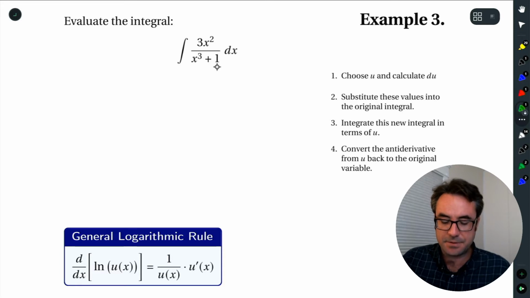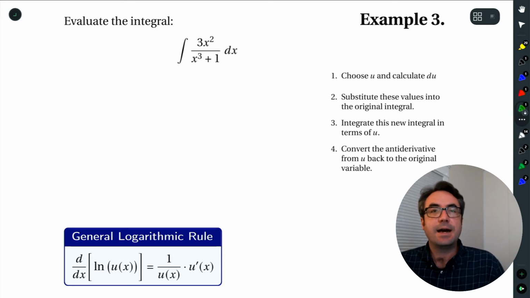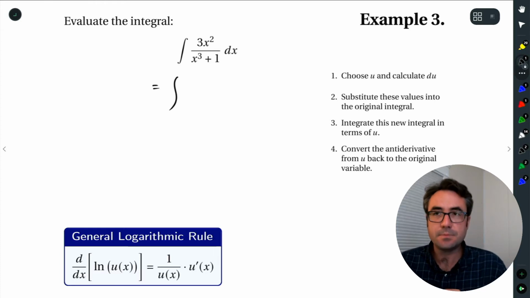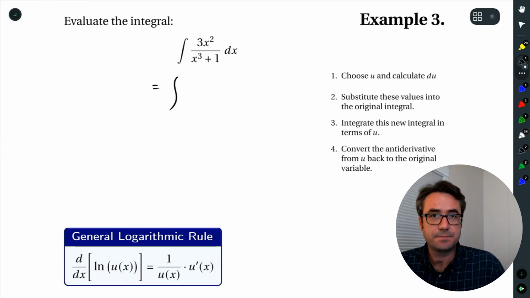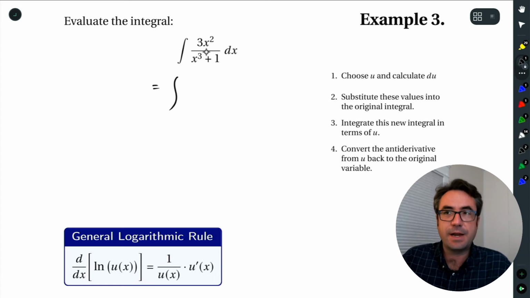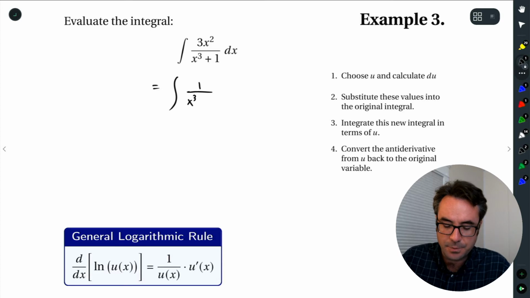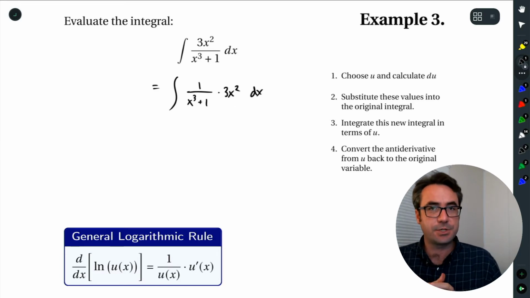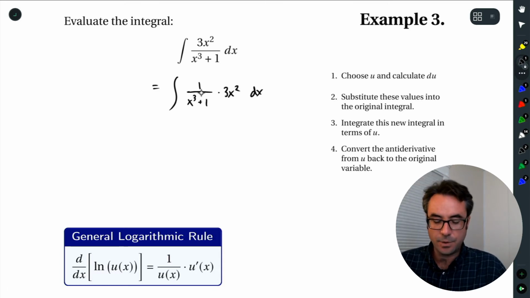So I might separate this fraction into its different parts. Let me separate off the numerator. I'm going to rewrite this as 1 over x cubed plus 1 times 3x squared. These are definitely the same function. I've just separated the fraction, so I have 1 over my denominator times 3x squared.